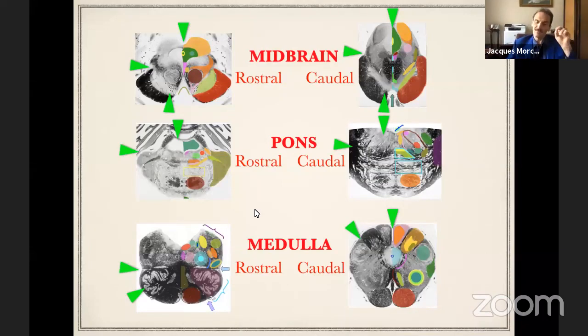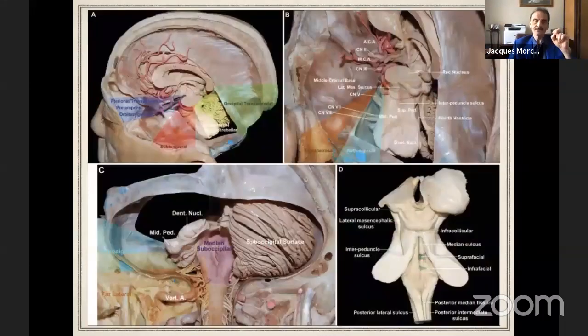Again, every case has to be individualized. So then when you say, well, how do you get there? Well, of course, we have many surgical approaches.